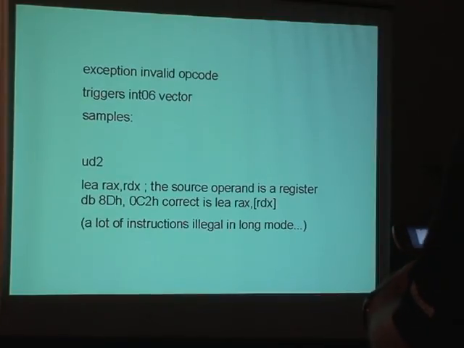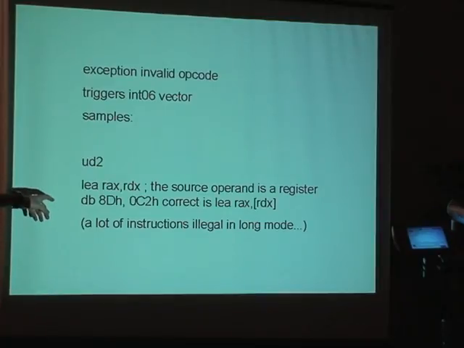So now the fault type of exception, invalid opcode. It triggers interrupt 6 vector. Here are some samples. UD2, this is official invalid code from the AMD manual. But a lot of instructions from the old 32-bit world are disallowed, are illegal in long mode.